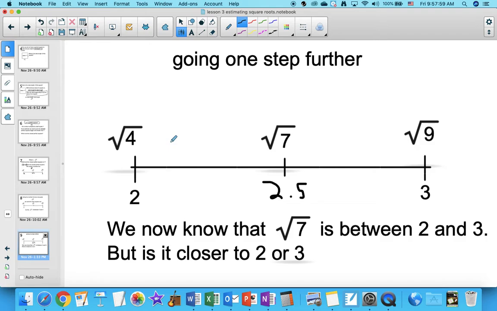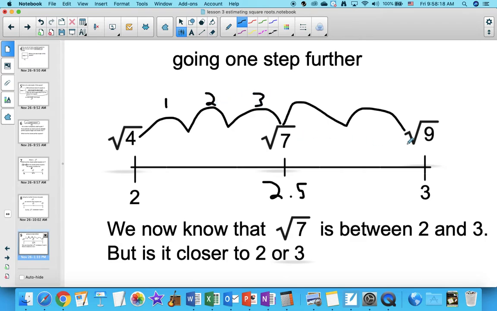Right? If I went 4, 5, 6, 7, I moved up 3 numbers to get to 7. But if I'm going from 9 to 7, I'm going 9, 8, 7. So I had to move 3 numbers to get to 7, while going backwards from 9, I only had to go 2 numbers, right?